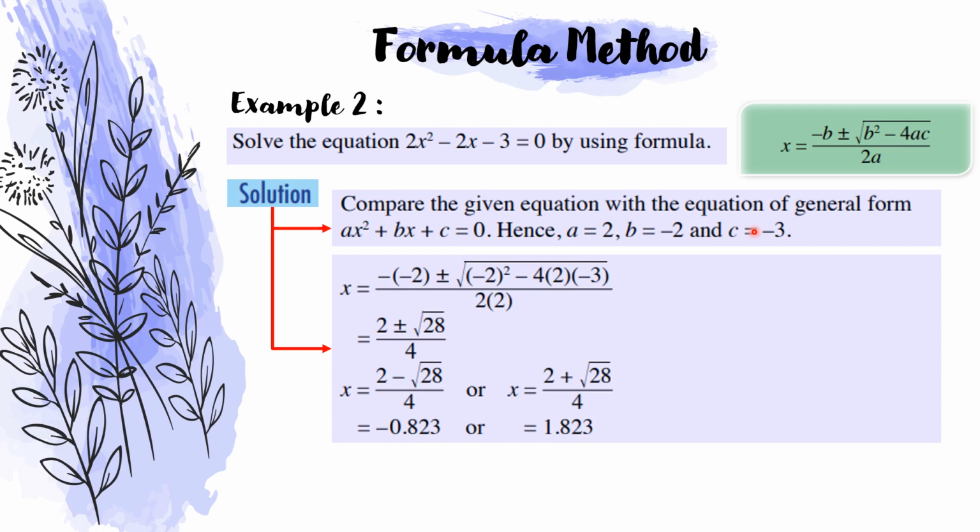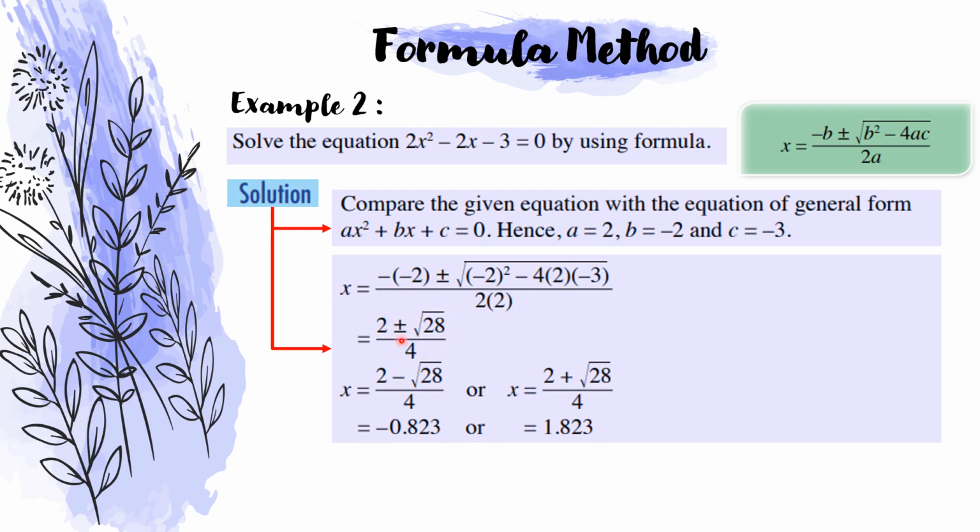Make sure you write it in bracket, so there are fewer mistakes when you do the calculation. So x is equal to negative b, which is negative 2 plus minus square root of so on, divided by 2a. In simplified form you will get 2 plus minus square root of 28 over 4.